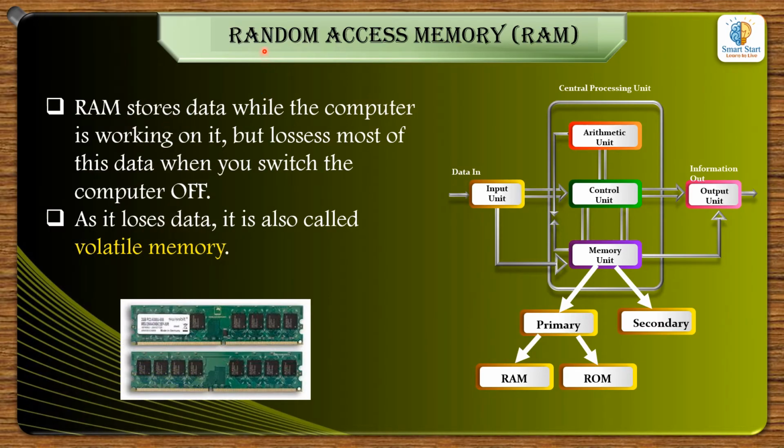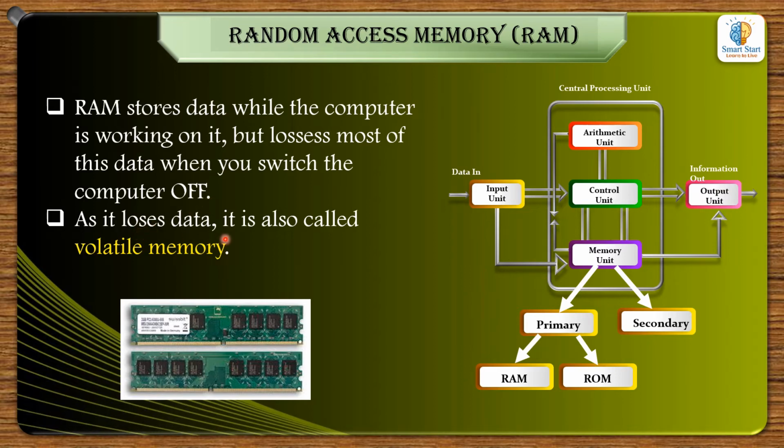First we see random access memory. RAM stores the data while the computer is working on it, but it loses most of this data when you switch the computer off. As it loses the data, it is called volatile memory.